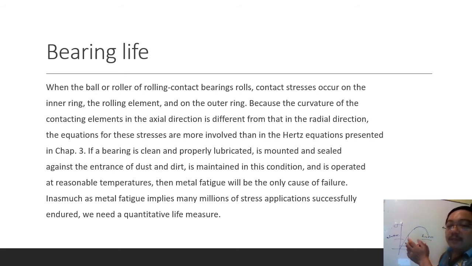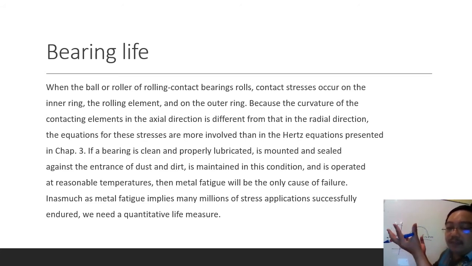This is why you take bearing life into consideration: before the time comes, you change the bearing, because you don't know when it will be damaged. That is number one. Number two, the bearing is probably inside your product, so you cannot see it with your eye.